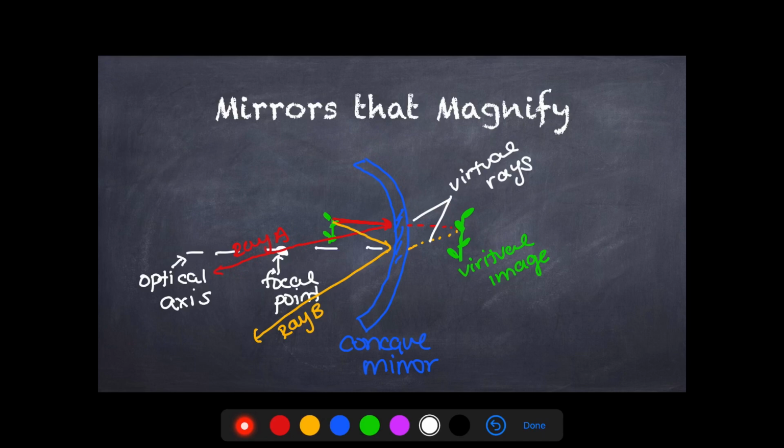And you can see that your eyes are going to see these rays as if they're coming from one point and not two, okay? So these two rays are diverging, right? But your brain is going to interpret it as if they're not diverging, as if they're coming from one single point.